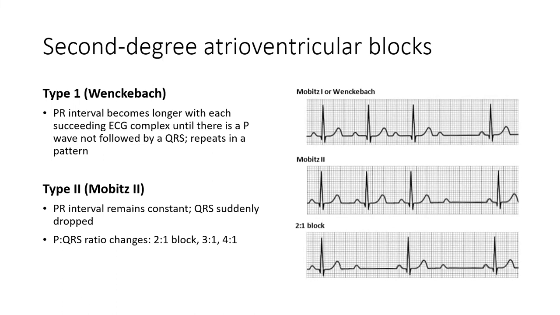So when you're looking at these, you just want to see, is my P wave not followed by a QRS, and is there a repeat in this pattern? While with this one, my QRS is just going to suddenly fall off the face of the earth.